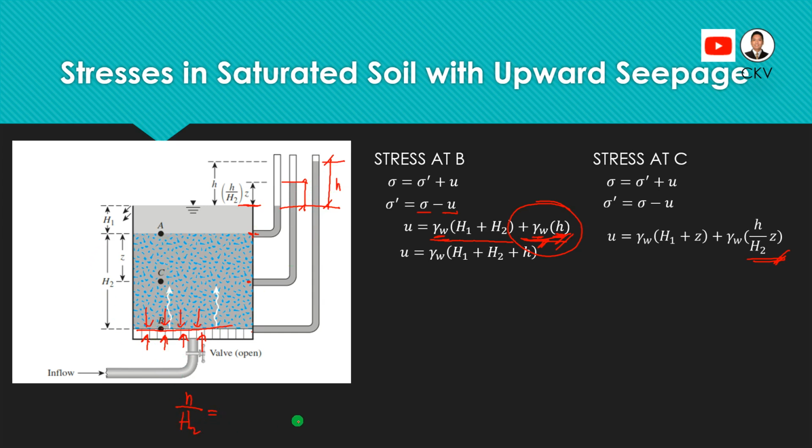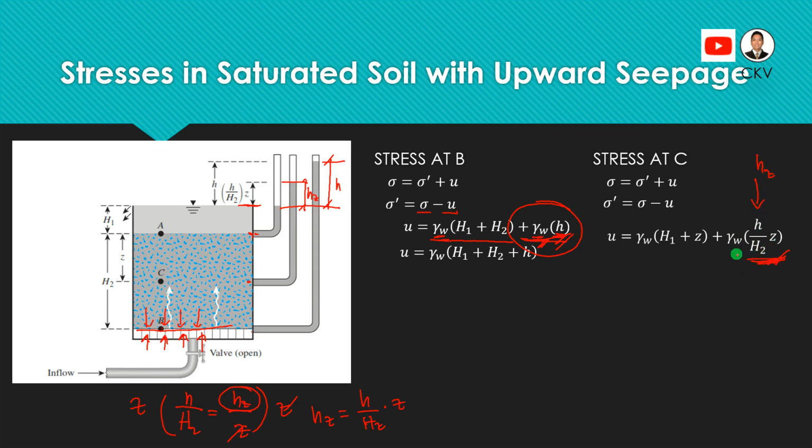So we equate that to the pressure head difference, let's say Hz, for point A and point C, over the depth, which is Z. So we multiply both sides by Z to eliminate Z here, and we're able to determine the equivalent pressure head difference of point C and point A. So we have H over H2 multiplied by Z. That's your equivalent pressure head difference.